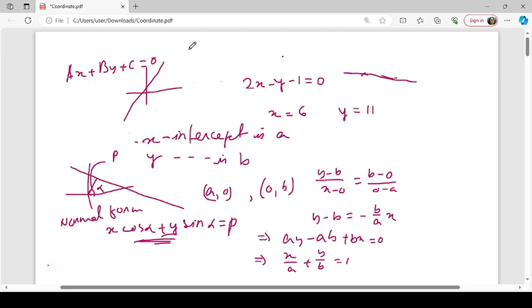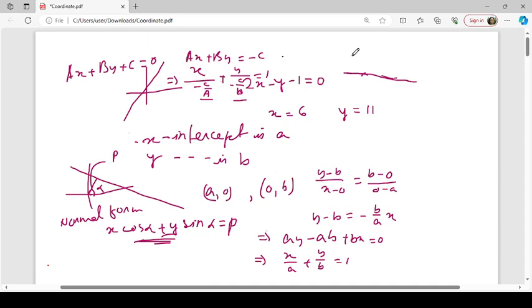Then we have the general form, then the normal form, and also the intercept form: ax plus by equal to minus c, then x by minus c by a plus y by minus c by b is equal to 1. So this is the x-intercept, this is the y-intercept.